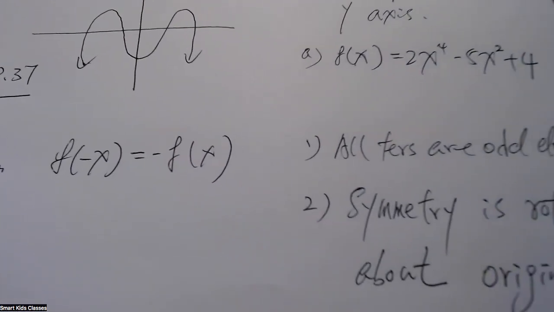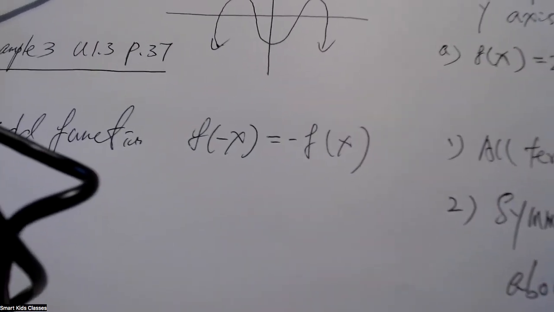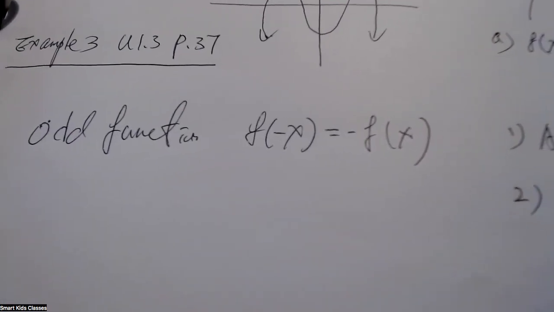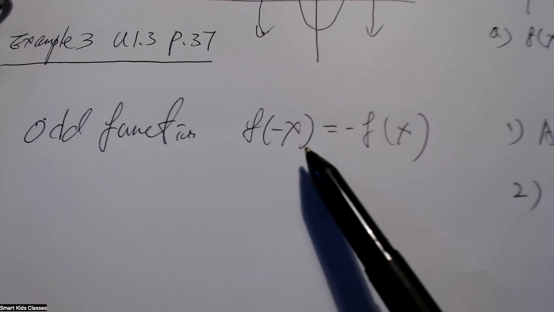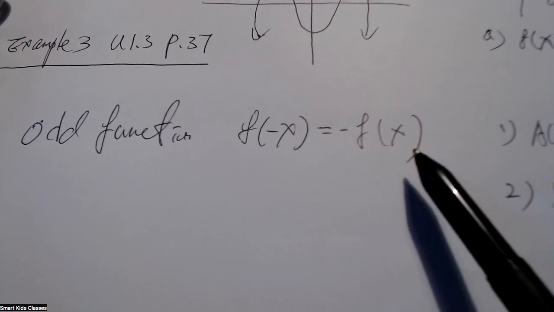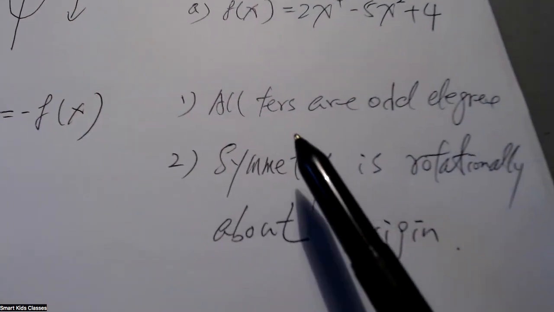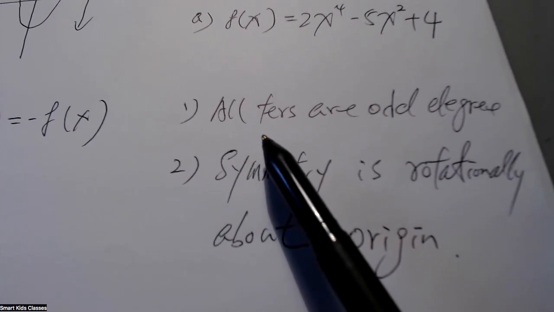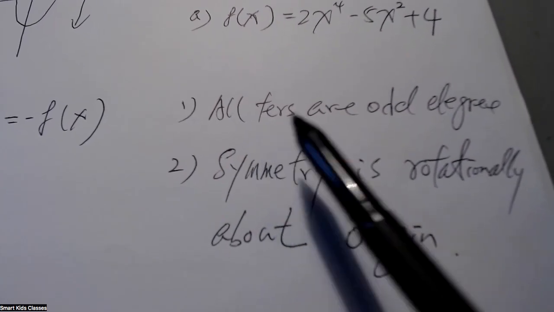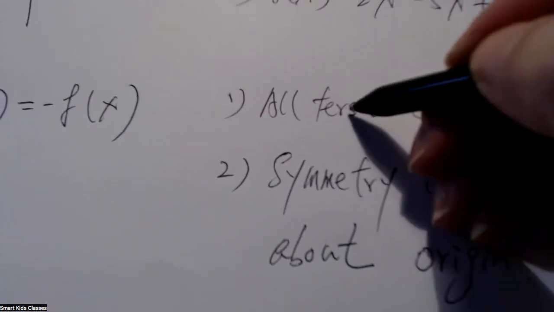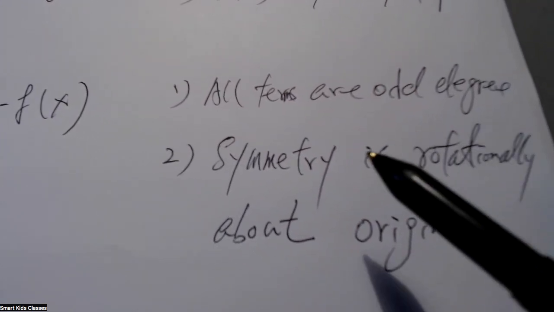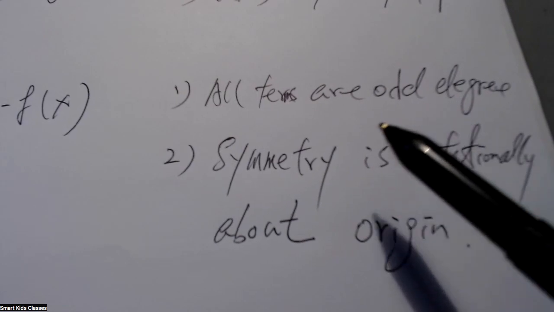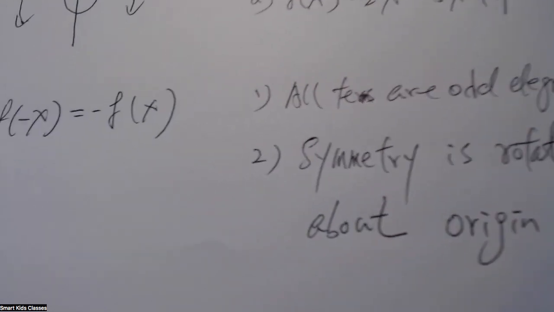And the second one, what is an odd function? An odd function is when you substitute negative x, f(-x), you get the negative of the function, negative y. That's an odd function. Now, you can jot down a simple note: if all the terms are odd degree, then it is an odd function, symmetric about the origin.